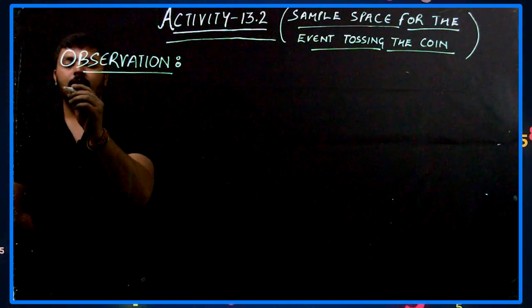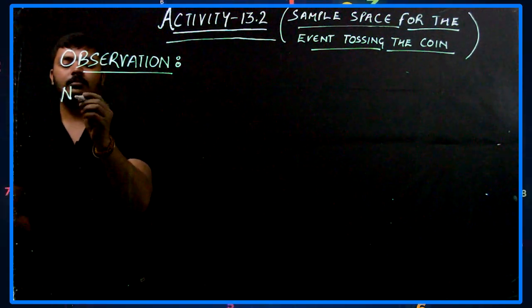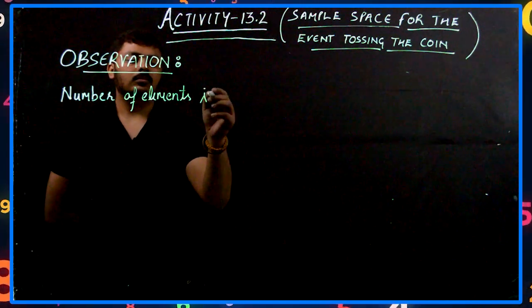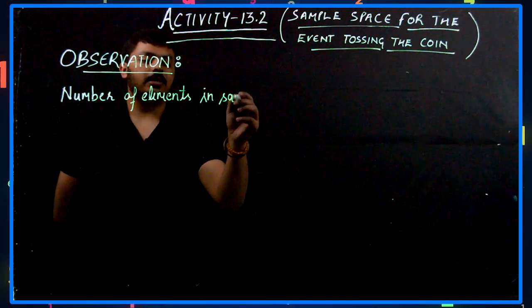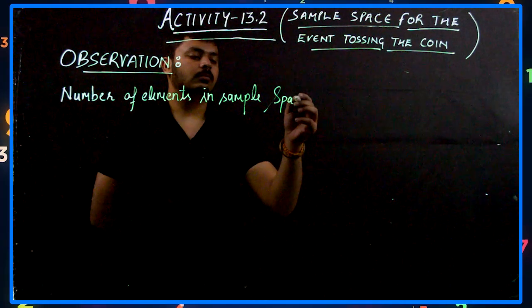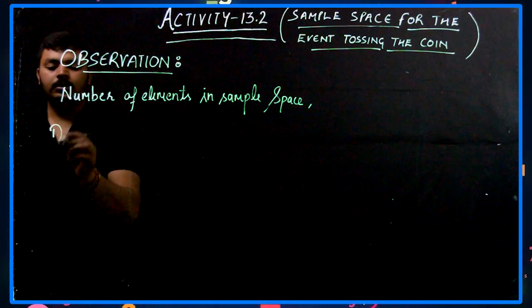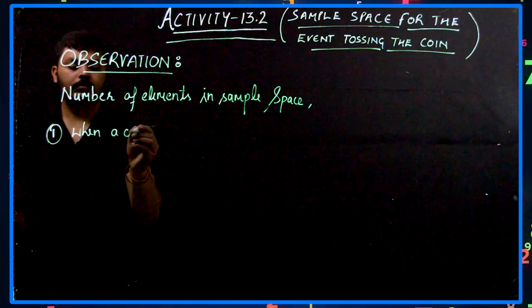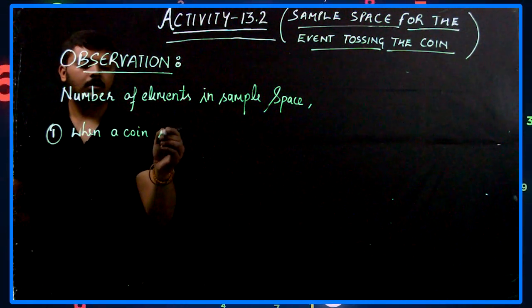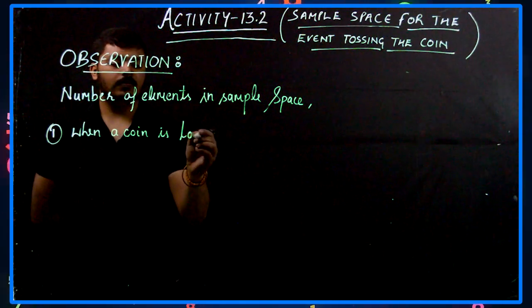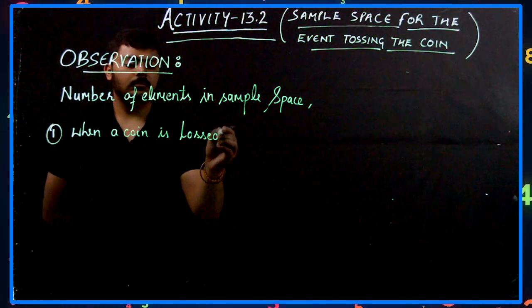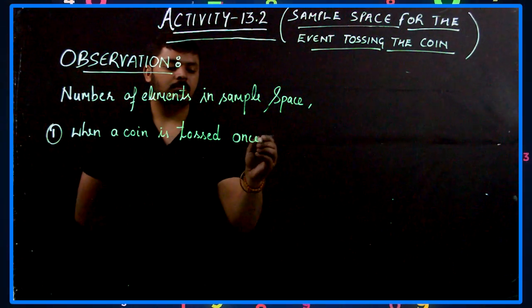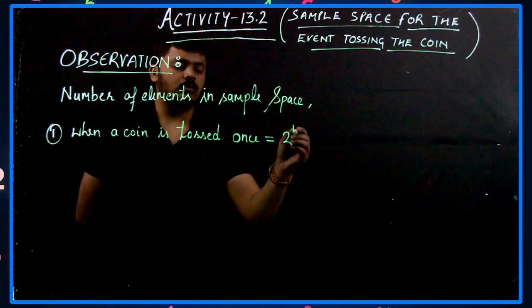First, number of elements in sample space. First, when a coin is tossed once, the number of elements is equal to 2 to the power 1.